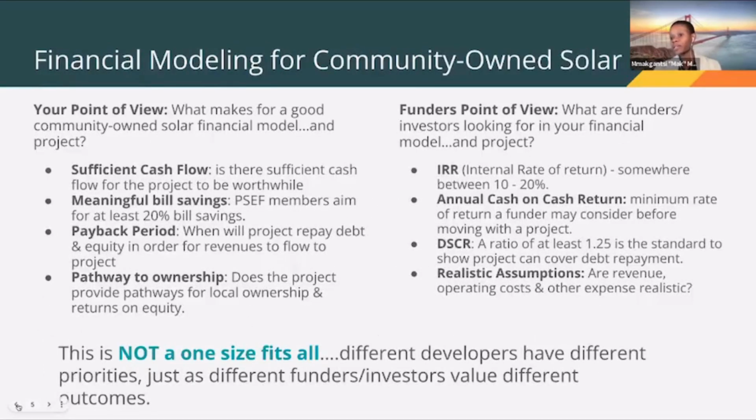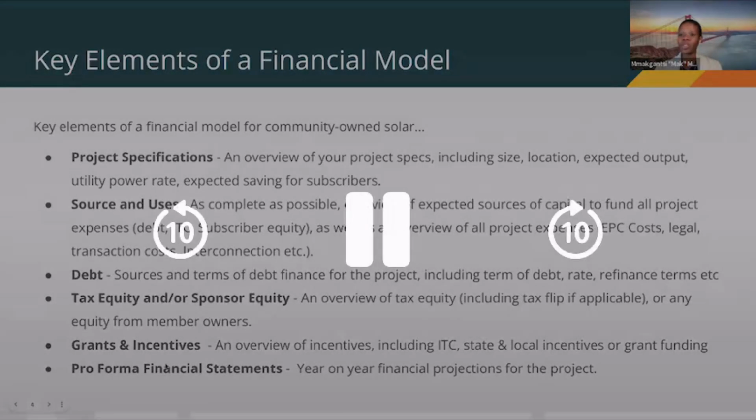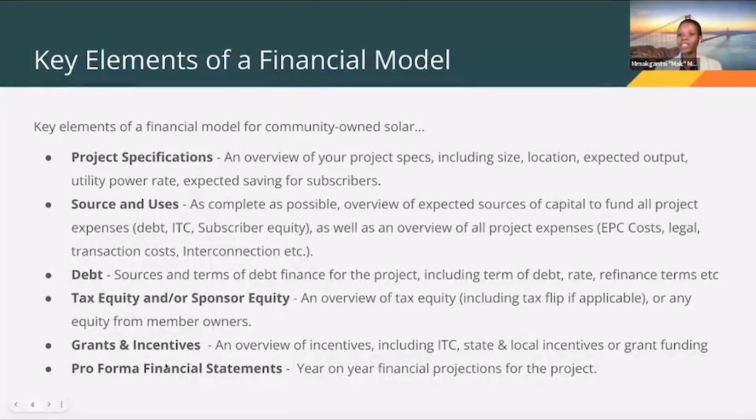And then, sorry, just quickly going back there, grants and incentives. This is another key aspect that you want outlined. And I'll touch a little bit on the Inflation Reduction Act and how it has created these new sources of financing for community solar projects. But this is also something that you will reflect.